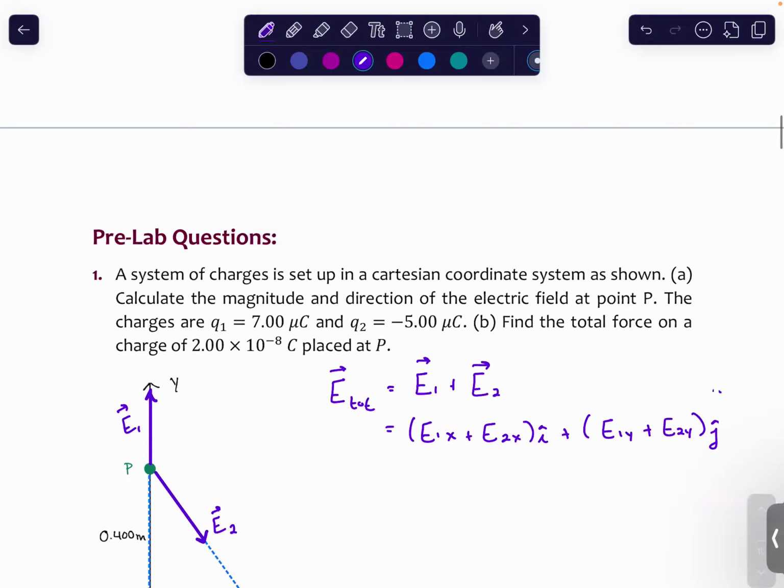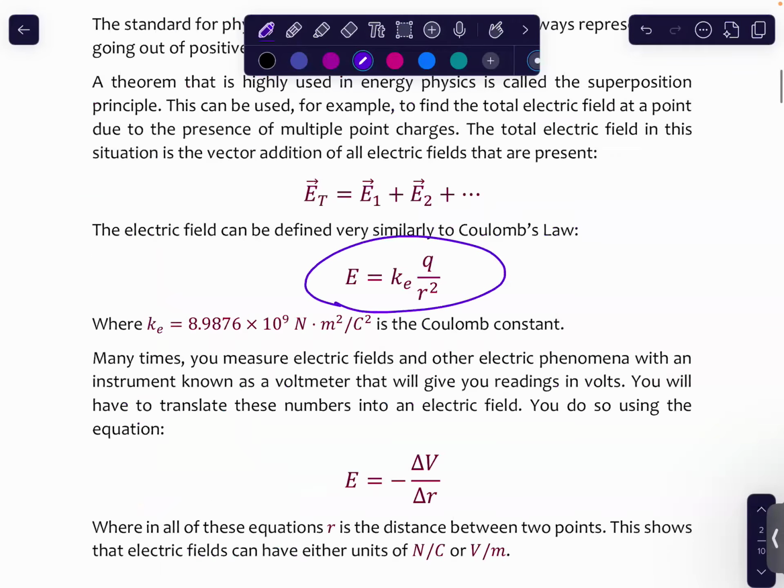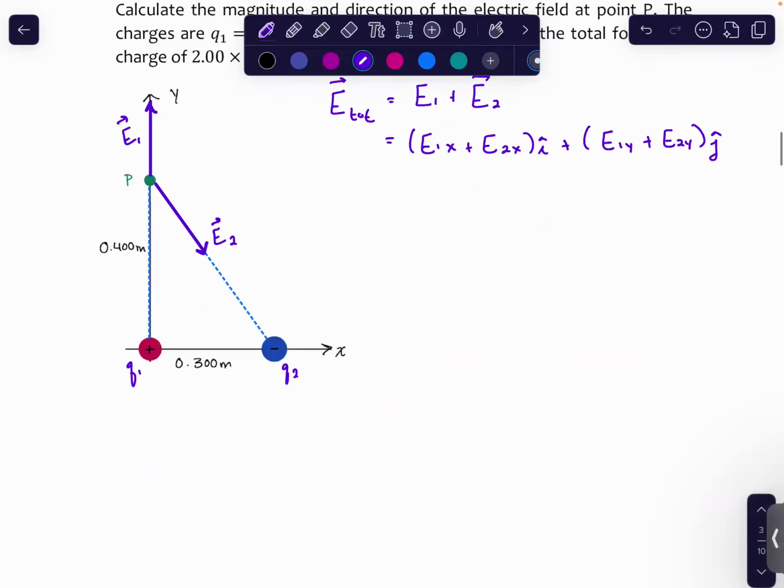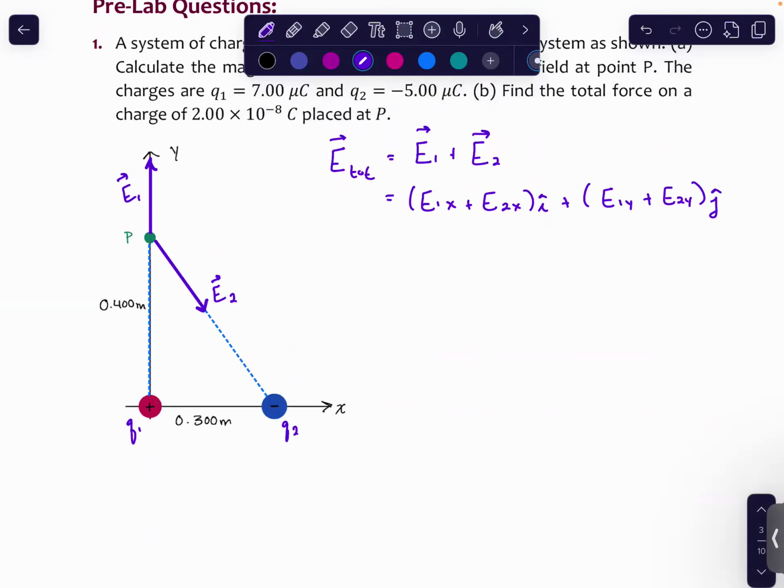vectors with components. So of course here, using the Coulomb electric field, you can find the magnitude of the field. Then you notice that E1 only has a positive j hat component, so that's going to be all in the y direction.